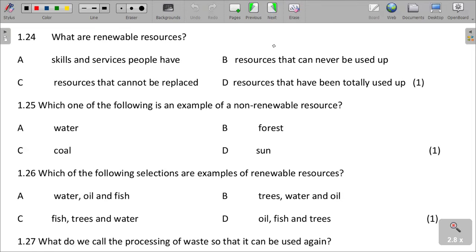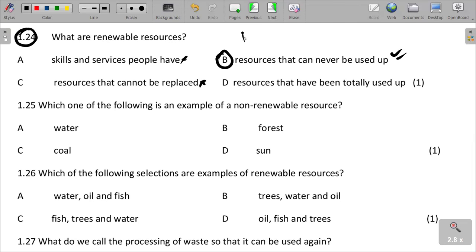What are renewable resources? Renewable resources are resources that can never be used up. They are able to rejuvenate or to resurface.